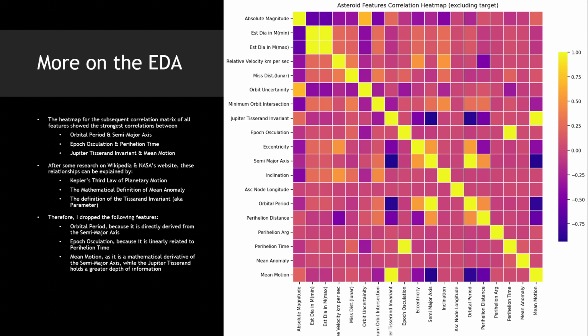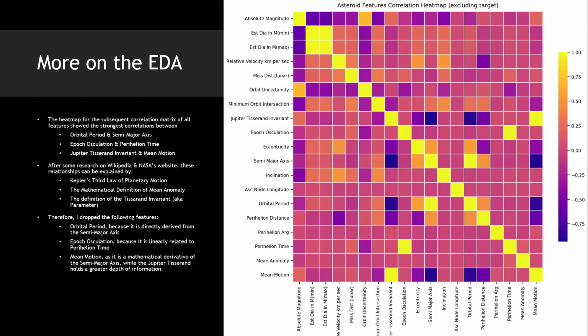More on the EDA. This heat map was the remaining features after that last calculation. And you can see some of these correlations that are still present. We're looking at the orbital period and semi-major axis, the epoch oscillation and perihelion time, and the Jupiter Tisserand invariant with mean motion.